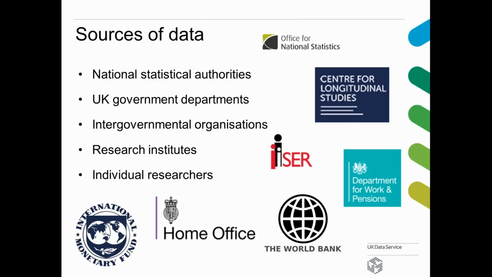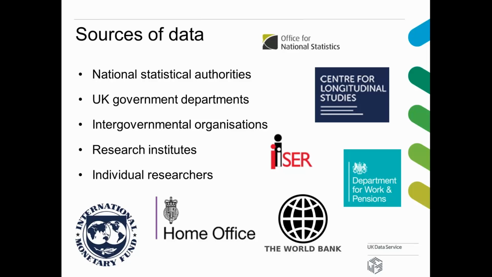Now, our data come from a variety of sources, so we don't actually collect the data ourselves. The data owners will deposit the datasets with us, and we curate, preserve and catalogue them, and we're allowed to disseminate them under license from these original data owners.